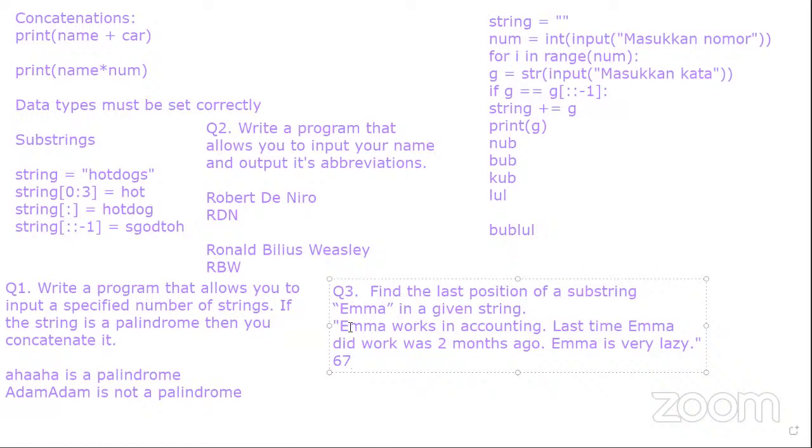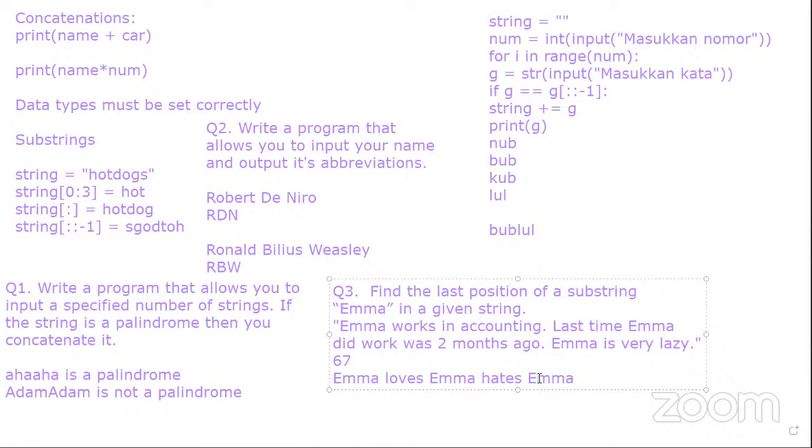And you guys don't have to input this string, okay? This string I did here, you don't have to do that. You can literally just do this: Emma loves, Emma hates Emma, okay? And so the last time Emma appears is here.